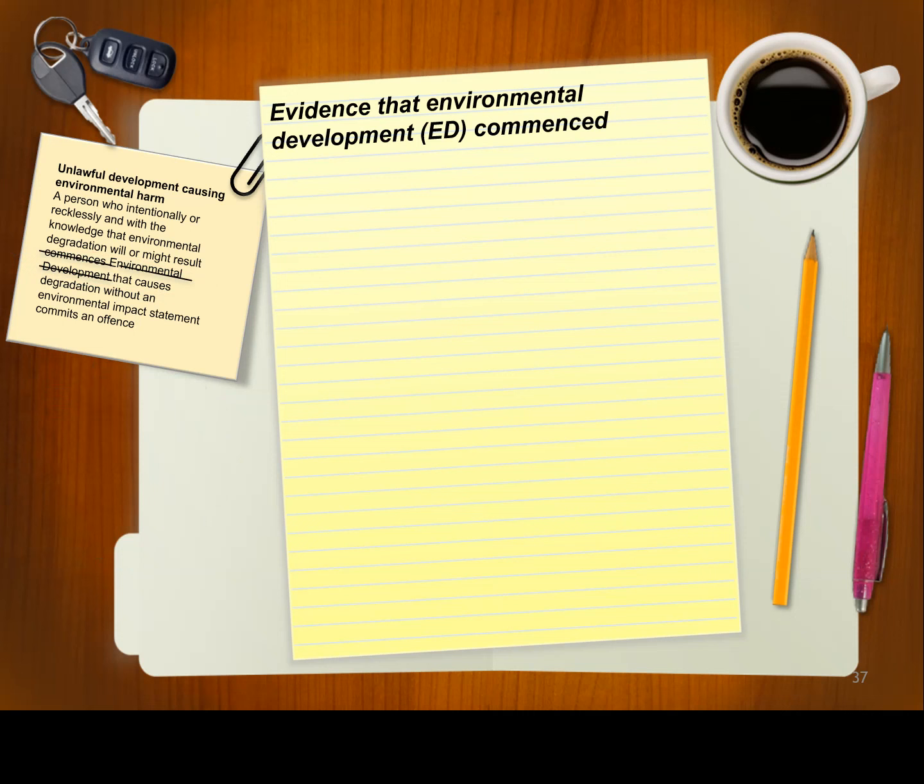So along with that physical act of environmental development commencing, we said this is also associated with our common elements of date and place. Now, some methodologies to doing elements had date and place as two separate elements, but our process combines those two common elements into the primary physical element, because as you prove that physical element, you're going to be proving also date and place.